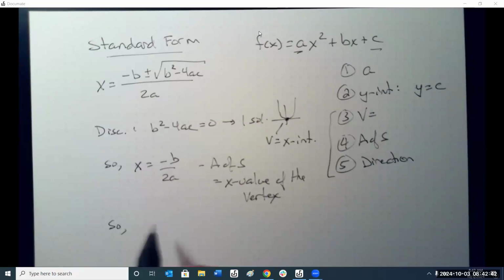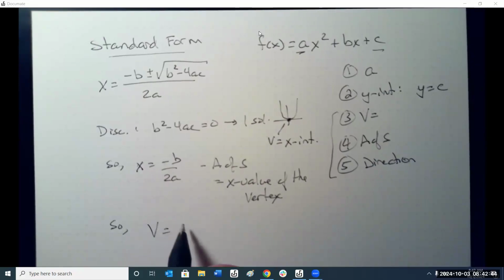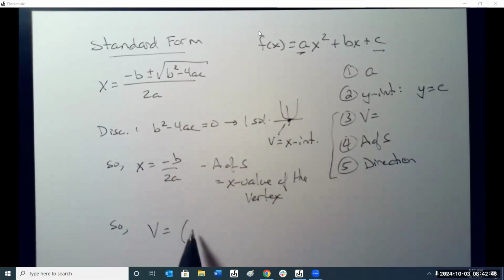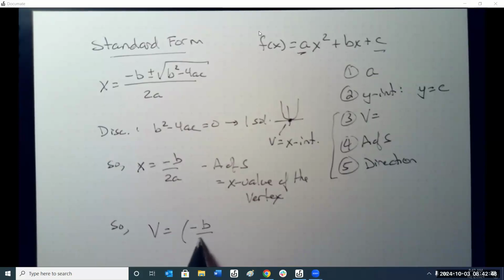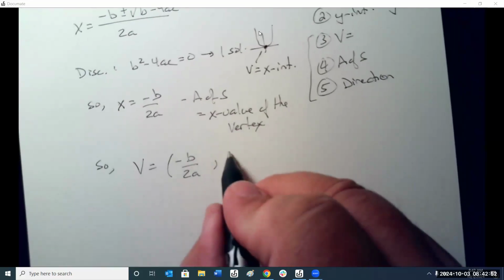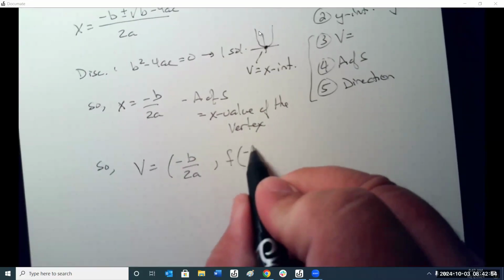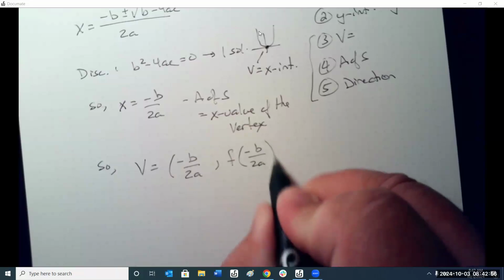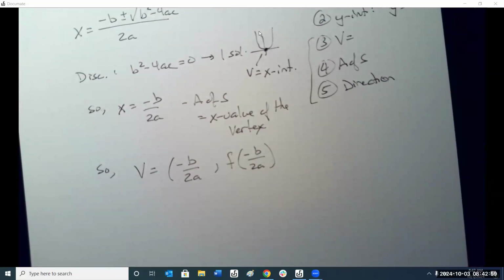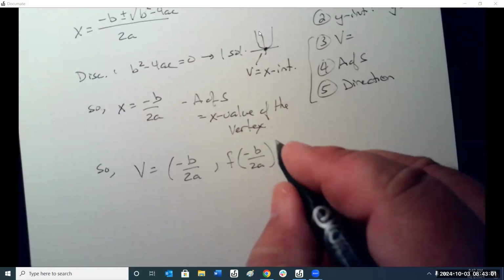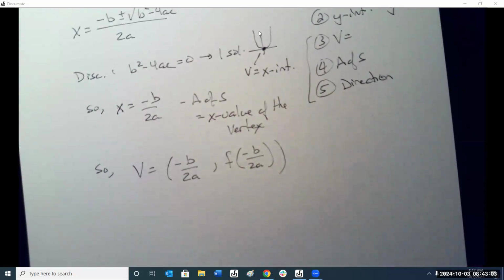So the vertex, if I give it to you in standard form, is negative b over 2a. Once you find that one, plug it back into the equation. And that'll give you the y value.